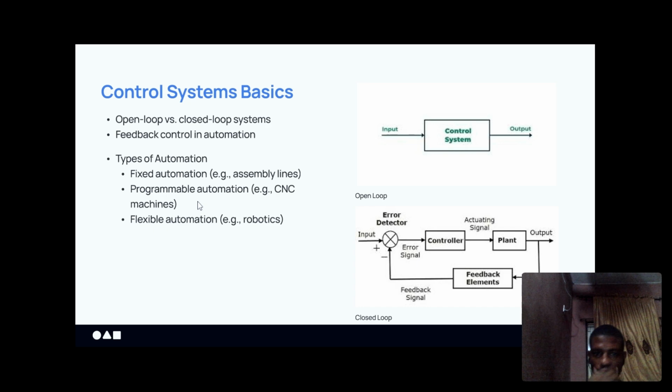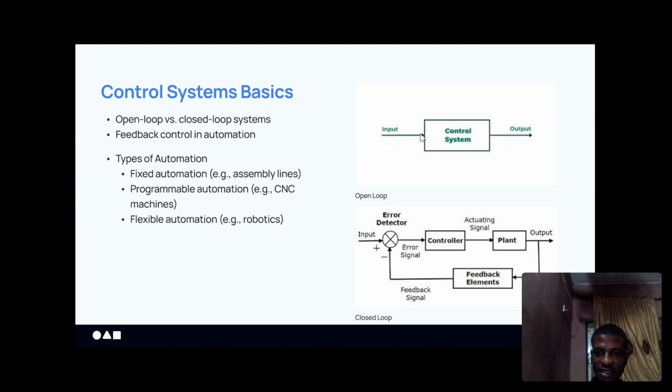So, the control system basics. We have basically two types of control system generally. We have the open loop control system and the closed loop control system.